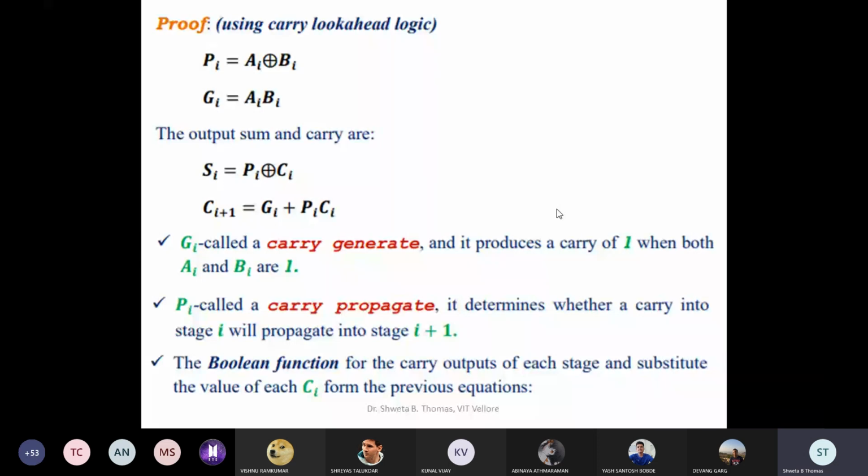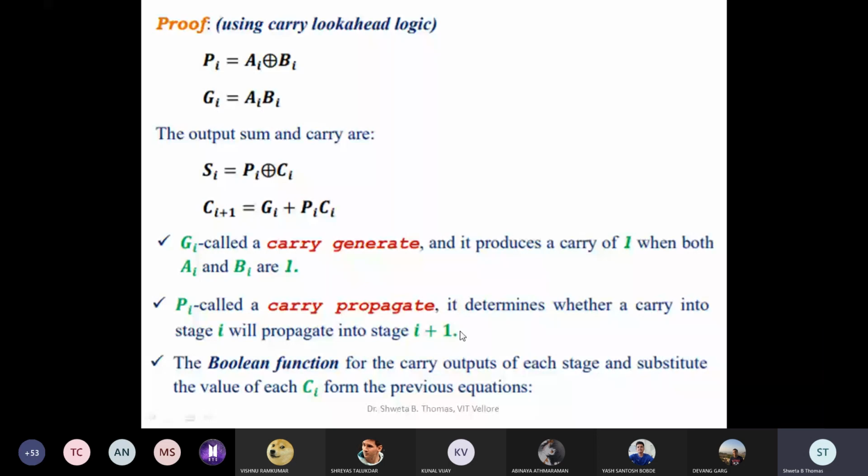Are you getting me? You understood or not? Yes or no? Deva? Yes, ma'am. So that is the meaning of it. Always you have to cross check.